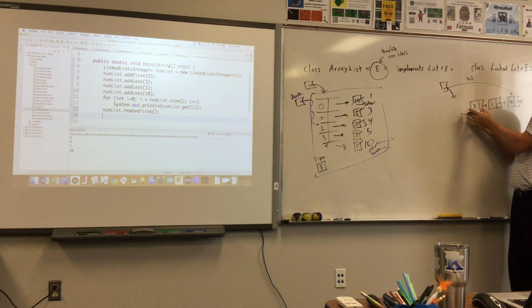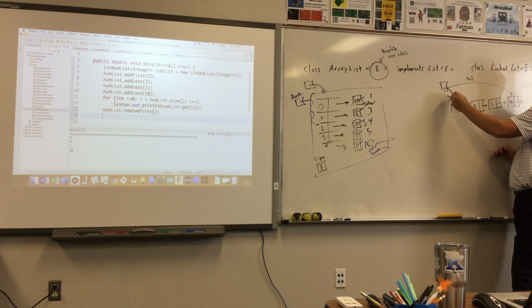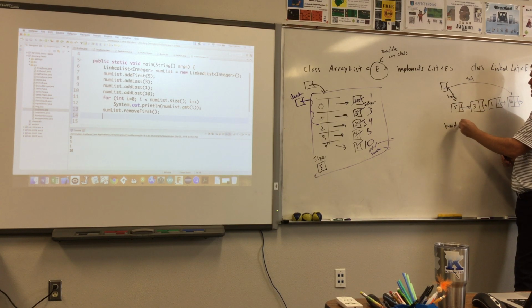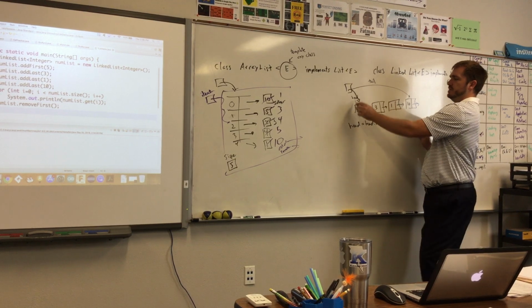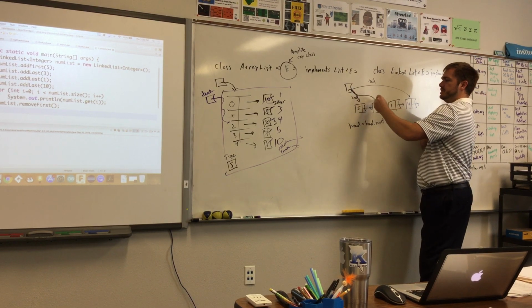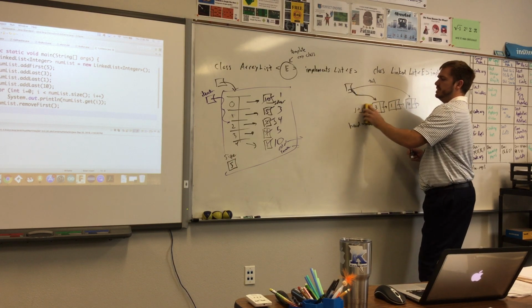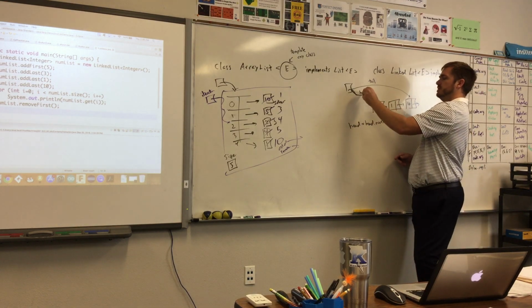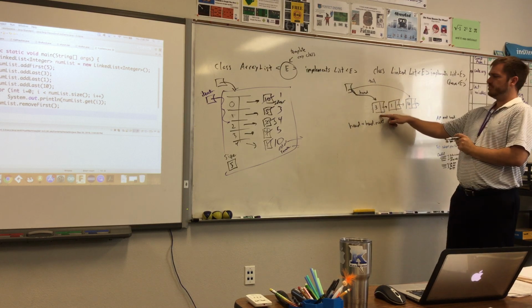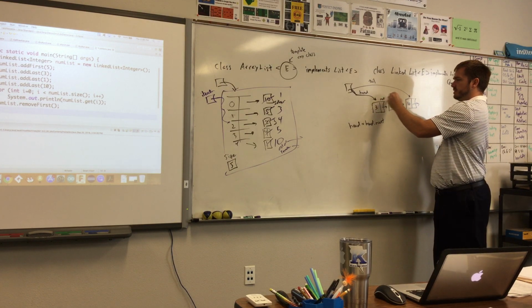So while this one is still in existence, you have to say something along the lines of head equals head.next, so that the head reference is now pointing to this guy. And then you can go through and delete this one. Now the head is pointing to the 3, and the 3 is pointing to the 1, and the 1 is pointing to the 10. Does that make sense? Each one of these is the next variable.